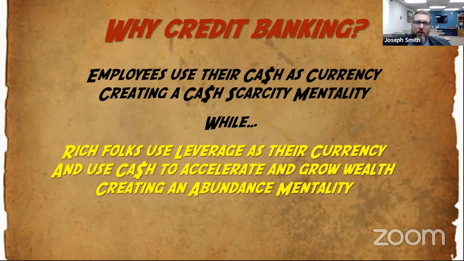Because when you take all of your cash and you put it into your own bank account, and then you spend it on all of your expenses, that's scarcity, because it's always constantly coming in and then it's gone. But when you use other people's money, right? We talk about those three letters, OPM, other people's money. We call that leverage. You're leveraging their money.